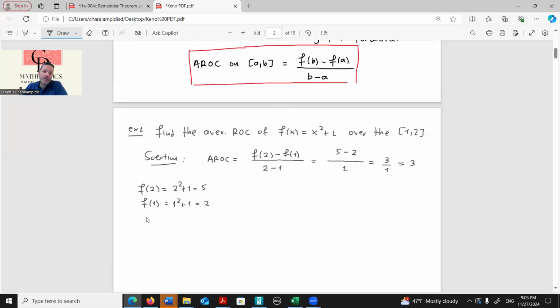Now, a second way, we might be given just a graph. Find the average rate of change of f over 2 and 6.